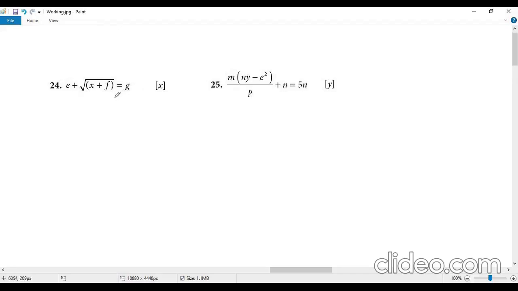Now in here, x has to be made subject. That means under root x plus f equals g minus e. Squaring both the sides is going to give me x plus f, or wait, what we can do is I'll keep g as it is and under root x plus f over negative x. This is going to be a final answer.